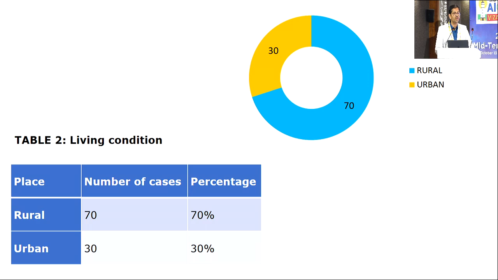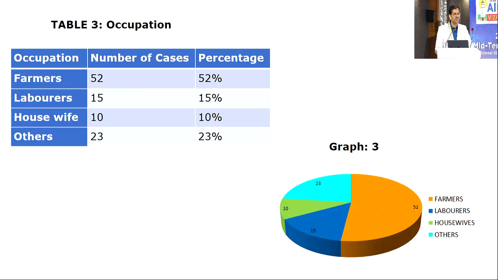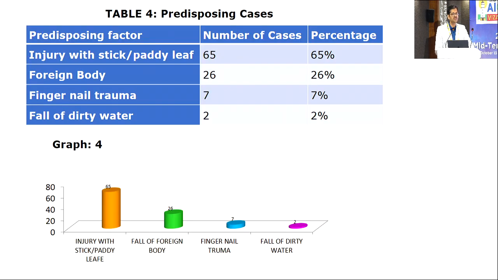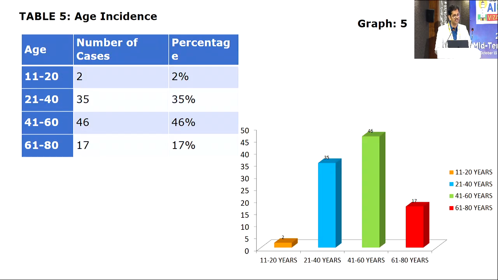In occupation, most of the people affected with microbial keratitis are farmers. And in our study, the predisposing factor is mostly injury with vegetative matter when compared to others.